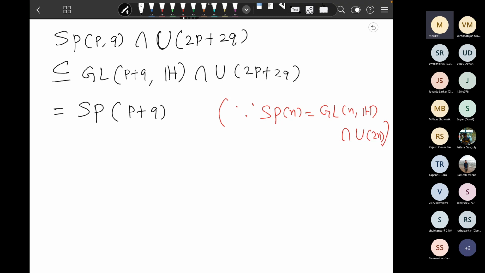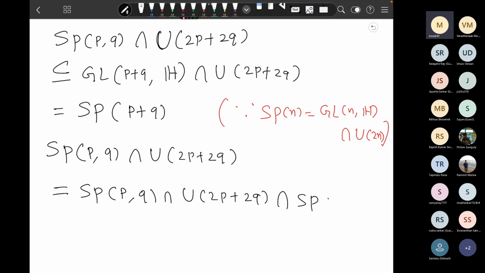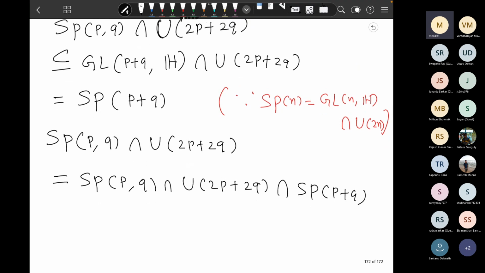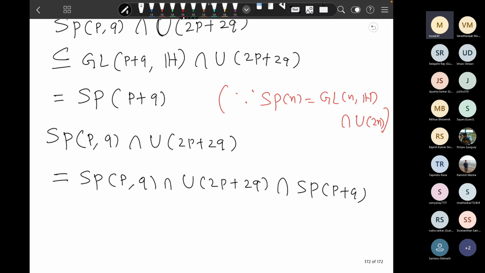Now, okay. So SP(P,Q) intersection U(2P+2Q), since this is contained inside SP(P+Q), I can take intersection on one side. So SP(P,Q) intersection U(2P+2Q) is equal to SP(P,Q) intersection U(2P+2Q) intersection SP(P+Q).